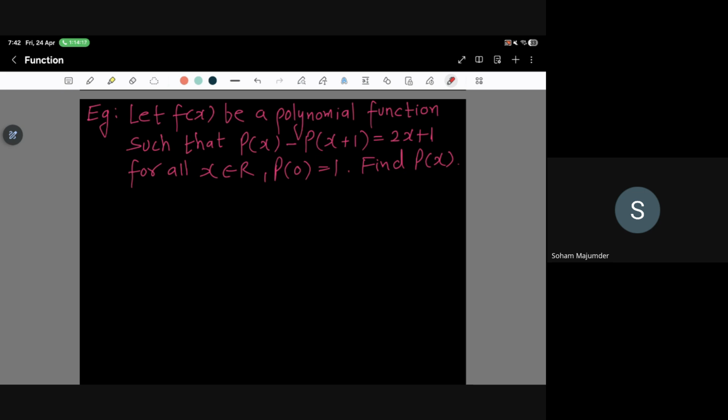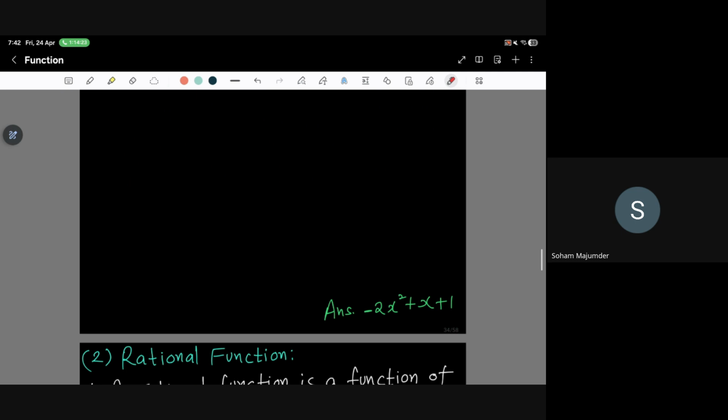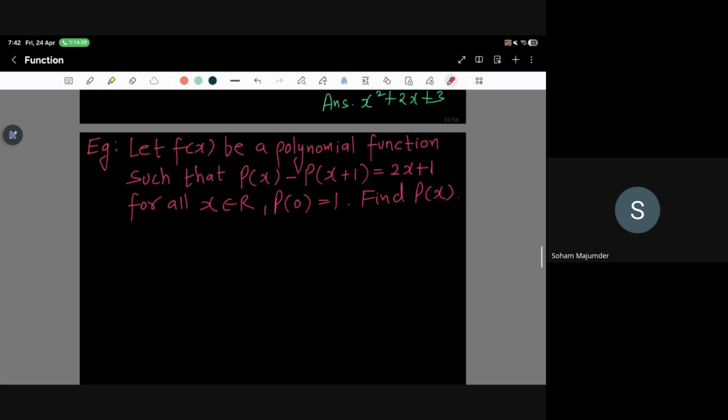Sir, is it minus x plus 1? It is also a quadratic. You can also check if your function comes out to be minus x plus 1.